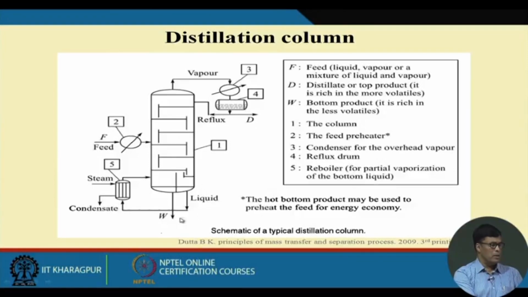So this is how you can separate. Basically at the bottom you get what we call raffinate, which is actually the waste material, the nonvolatile material that comes out from the bottom, and the volatile material we collect from the top.